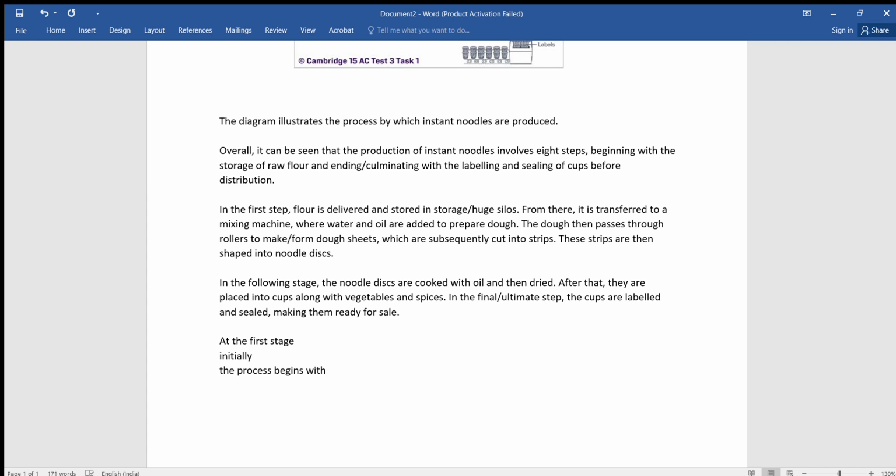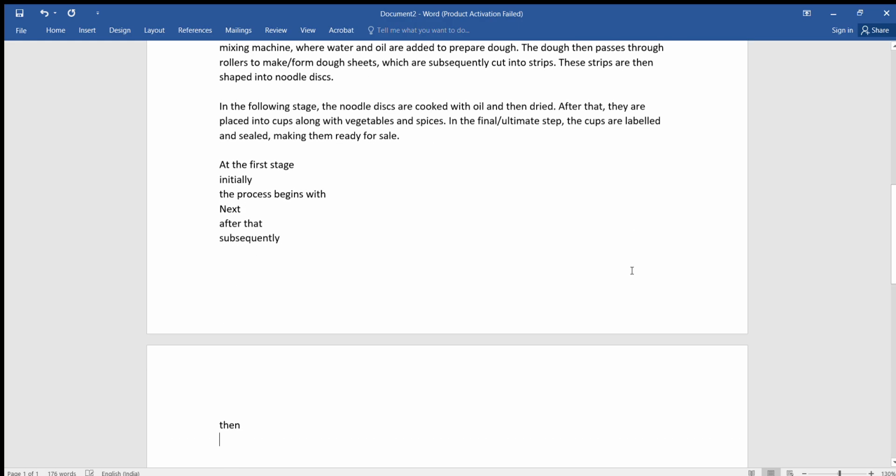To start your process, you can use these connectors, and for following next steps, you can say next, after that, and then you can also say subsequently, as we used in our task, subsequently, then, okay, following this, in the next step.